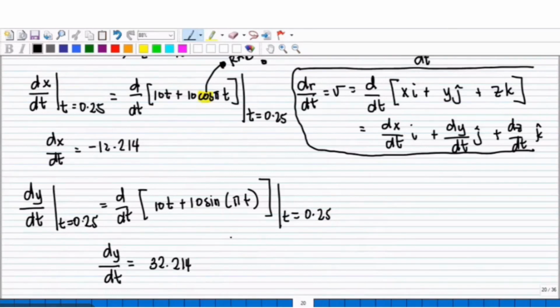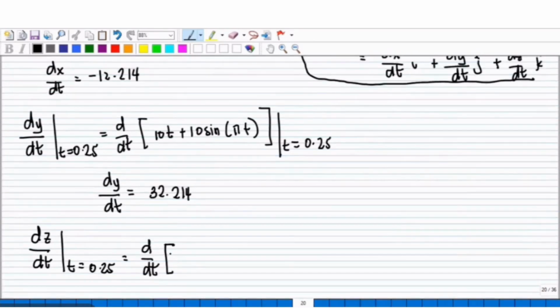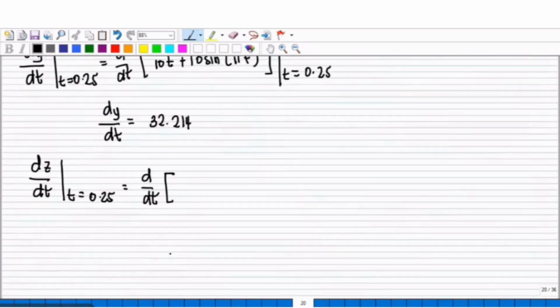Lastly, yung ating z. Derivative of your z component with respect to time at time t equal to 0.25. So, this is equal to d/dt ng z, which is 10t. The derivative of your 10t with respect to t is 10, with respect to time po yun.